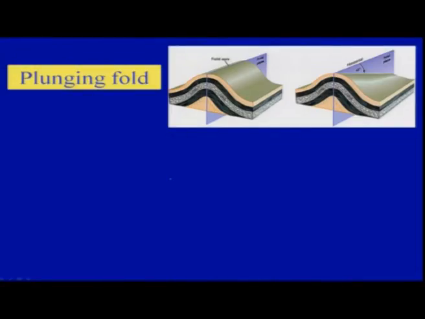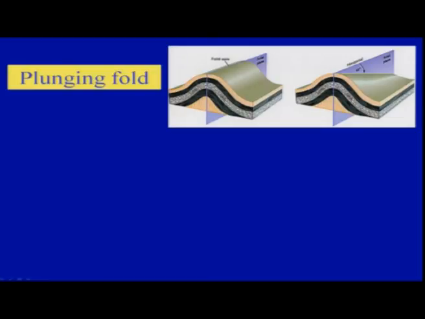Then we talk about the plunging fold. Here the importance of the axial plane will come in. In a plunging fold, mainly if you look at the fold axis, here the fold axis has some attitude, whereas in this one the fold axis is almost horizontal, very much along the axial plane.